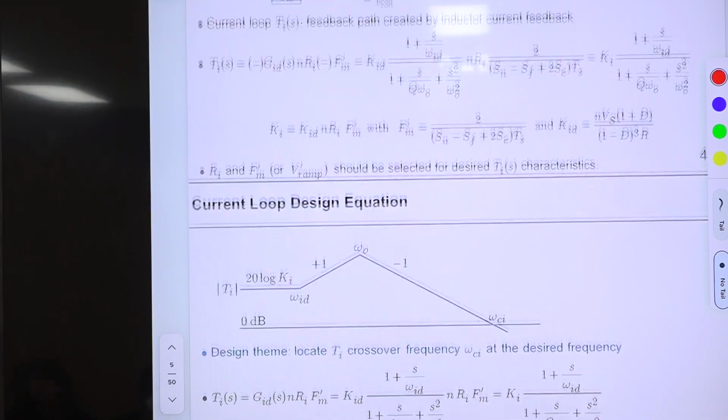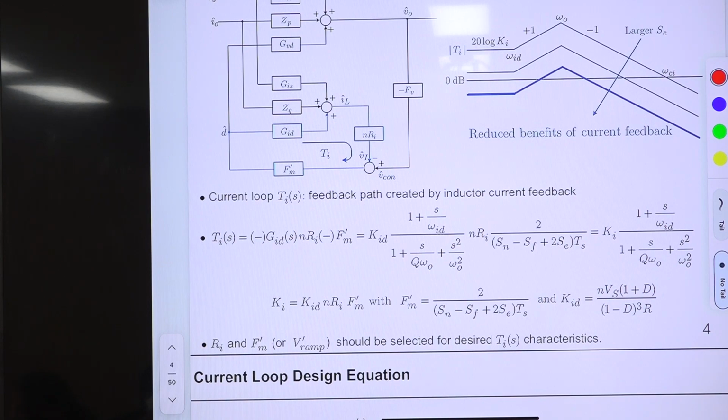And another thing is, I think I forgot to mention this in the previous lecture. Whenever we are talking about the current loop, voltage loop, or loop gain, you are putting this minus sign in front of this definition.